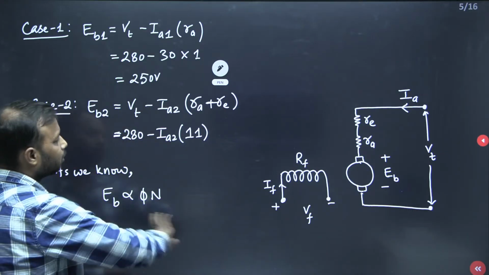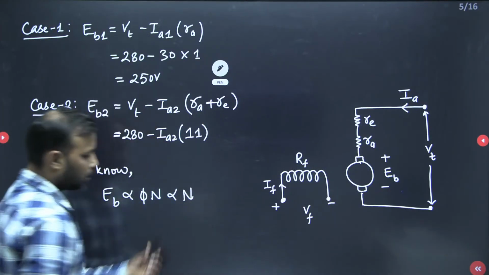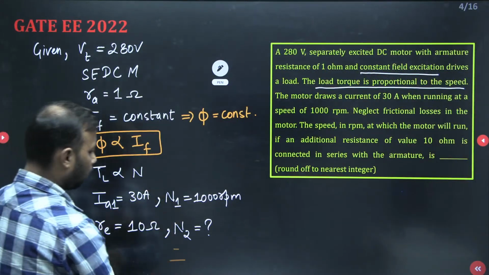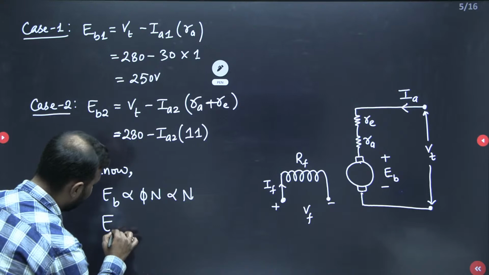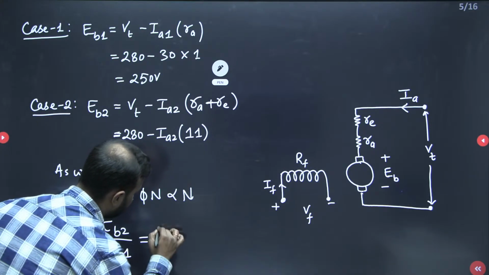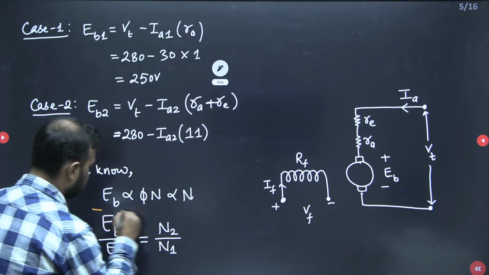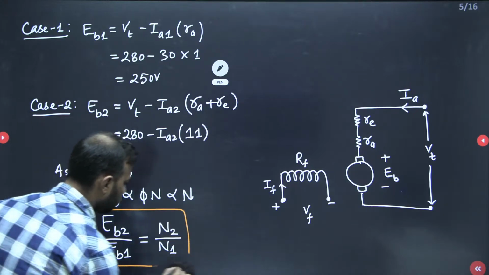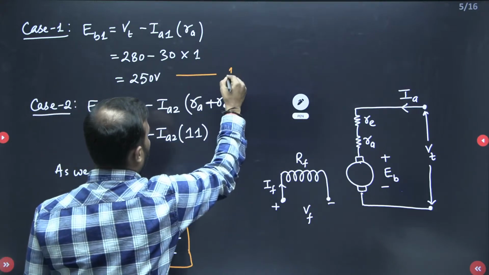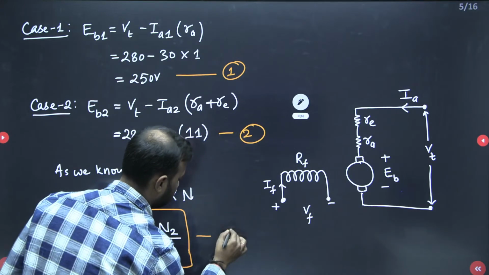Since the flux is constant, back EMF is proportional to rotor speed N. So from here I can write EB2 by EB1 equal to N2 by N1. Let me box this. Let me take this equation as 1, this equation as 2, and this equation as 3.